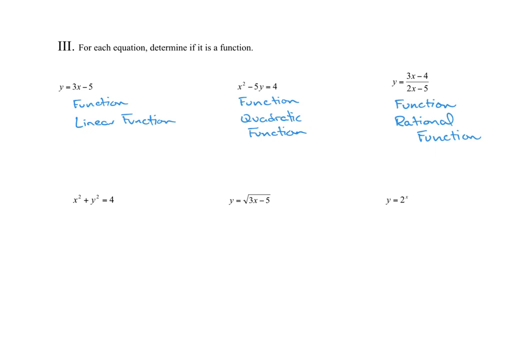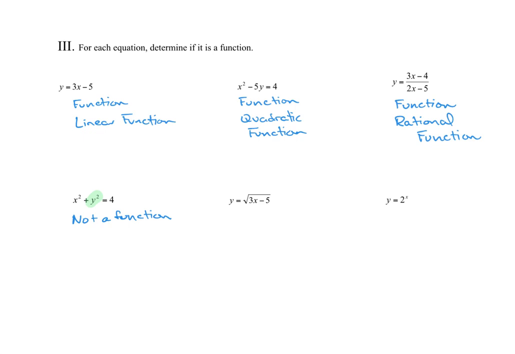Okay, on the bottom, we have x squared plus y squared equals 4. Now this is not a function. If you graph this, this actually is the graph of a circle. And so what makes this not a function? What's one of the things we want to look out for?